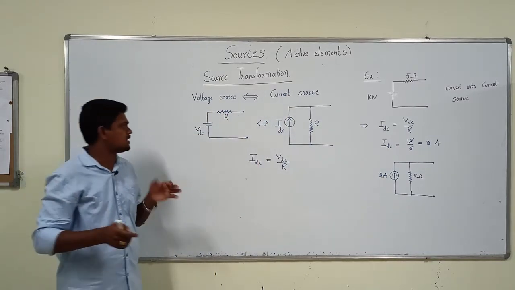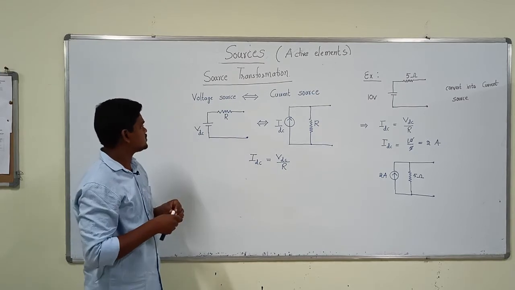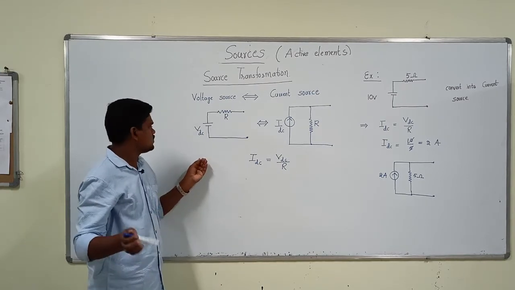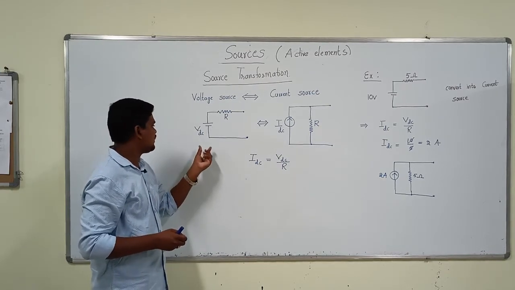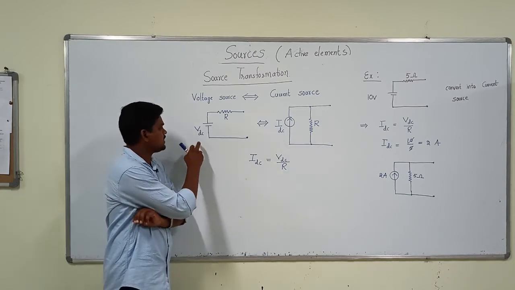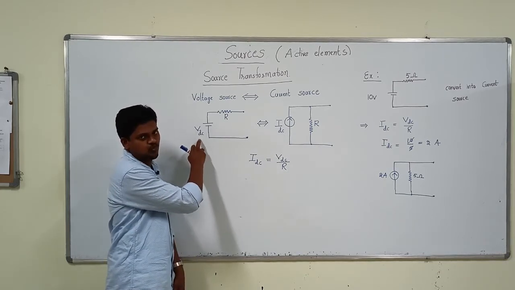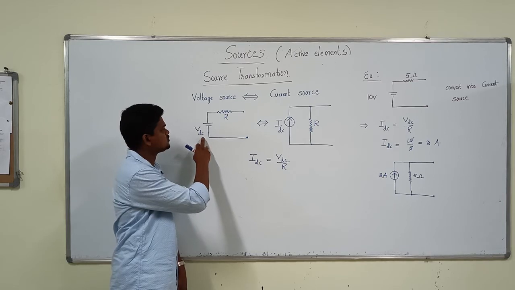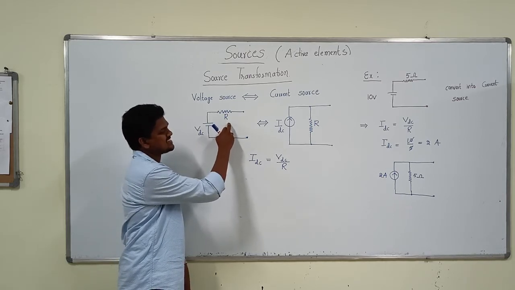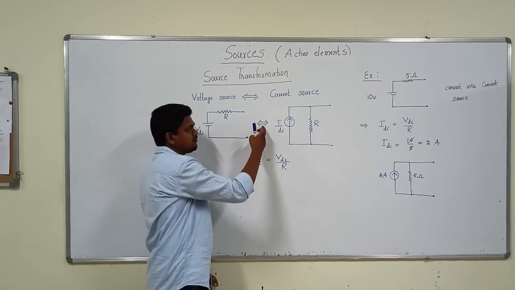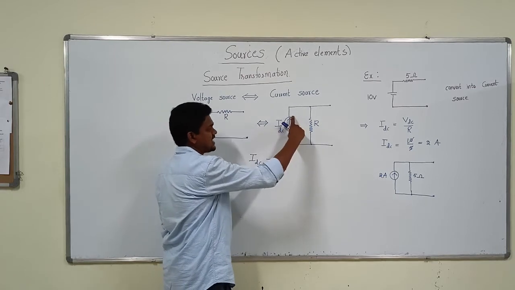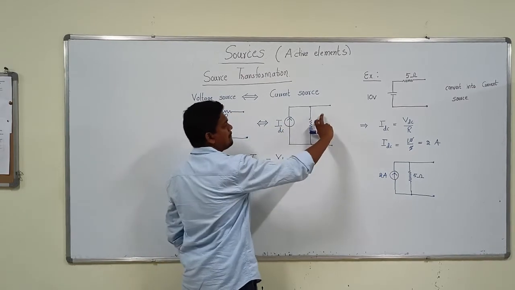That is a simple method. So I am taking the DC voltage source. The DC voltage source is always connected with a series resistance. That can be converted into the current source. The current source is like this, with this resistance in parallel.